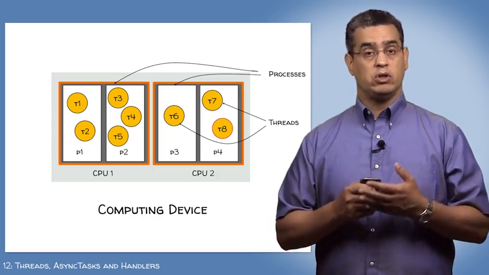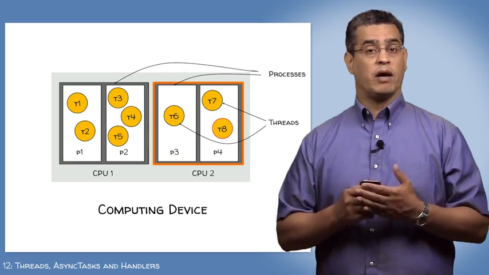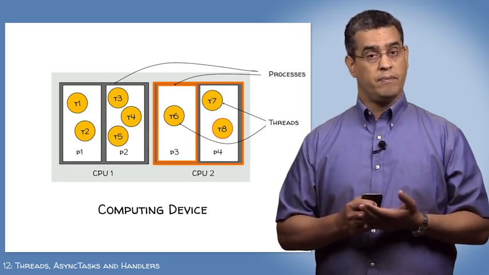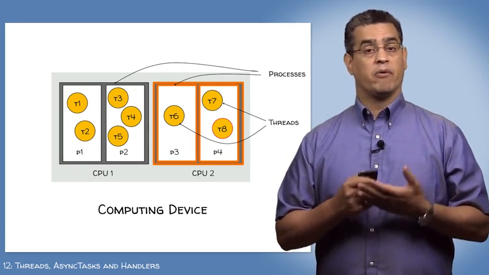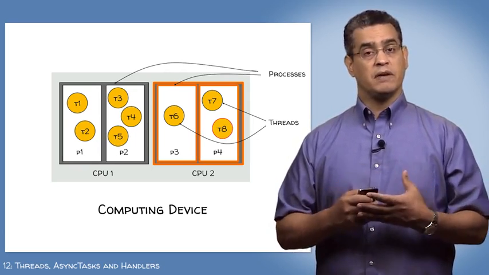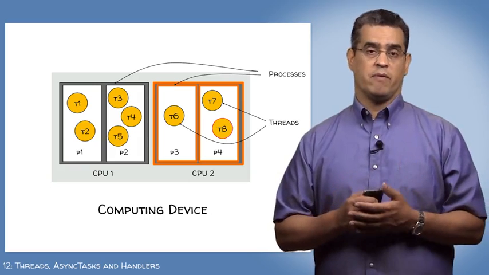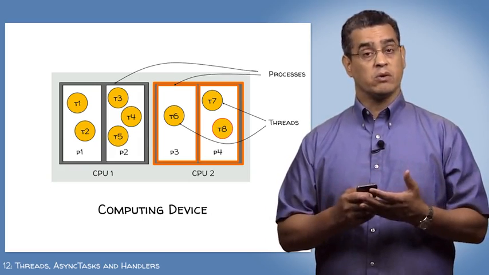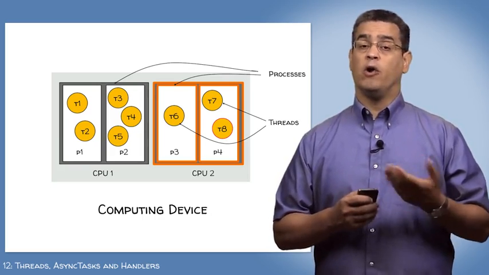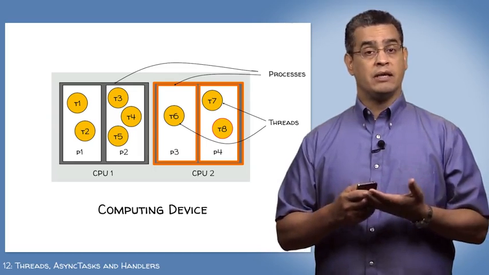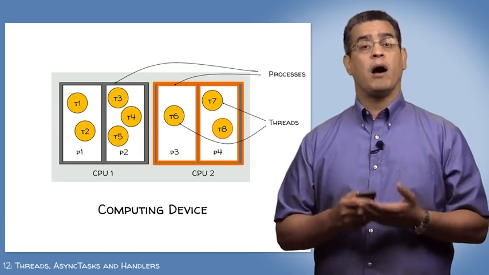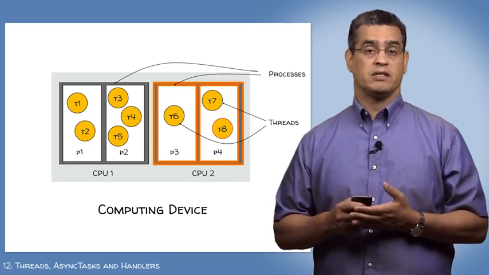Now on CPU 2, I'm showing two processes running, P3 and P4. One way to think about processes is that they're self-contained execution environments. They have resources such as memory, open files, network connections, and other things that they manage and keep separate from other processes on your device.